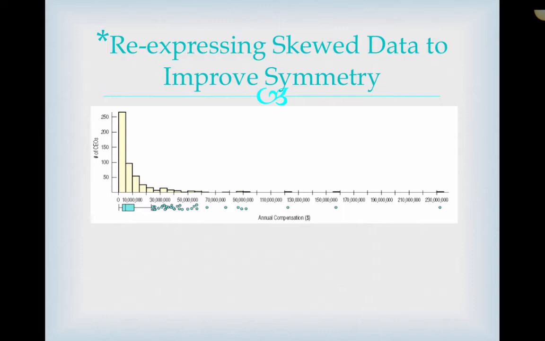We're dealing with the annual compensation of CEOs, and we have a very large range, and it is extremely skewed to the right with an excess number of outliers. When this is the case, it's hard to define an actual center or spread that is useful to us, so we try to re-express it to make the data more symmetric so that it's easier to identify a center and have a more manageable spread.